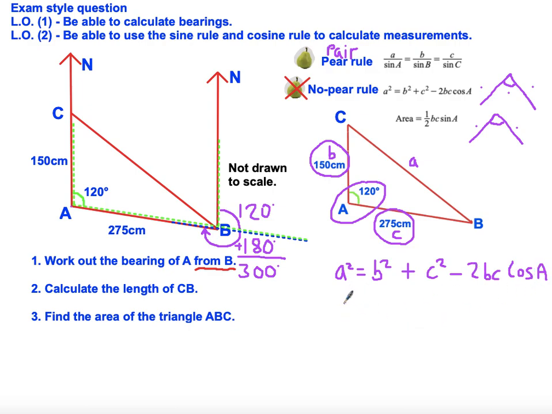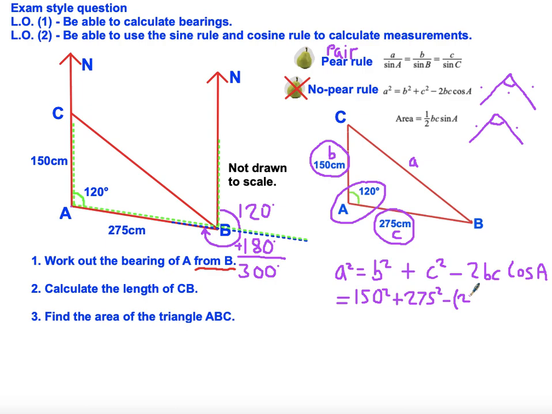So we don't know what a squared is. So we've got 150 squared plus 275 squared. And always show all of your working out, because even if you make a slight error, you're still maximising your chances of getting as many marks as you can. 2bc cos A, I'm going to put it in brackets.